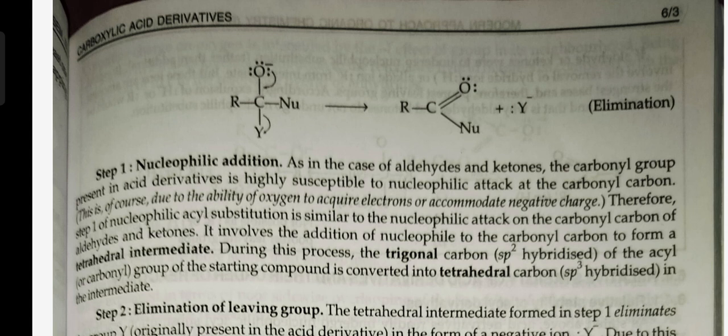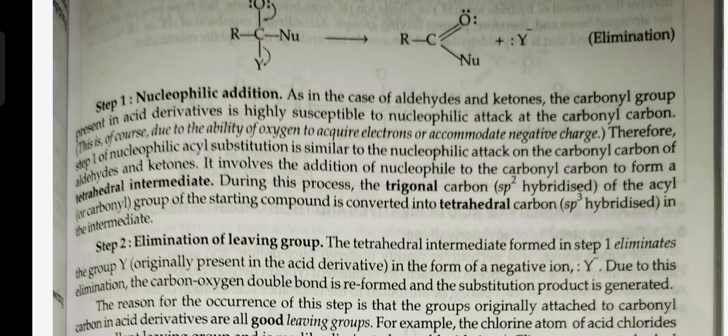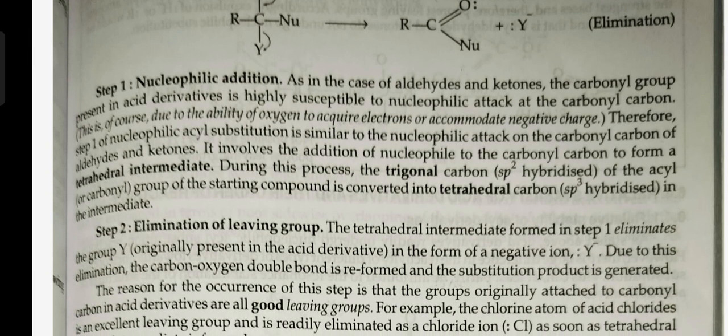Therefore, step 1 is similar to the nucleophilic attack on the carbonyl carbon of aldehydes and ketones. It involves the addition of the nucleophile to the carbonyl carbon to form a tetrahedral intermediate. During this process, the trigonal sp2 hybridized carbon of the acyl or carbonyl group of the starting compound is converted into tetrahedral sp3 hybridized carbon in the intermediate.